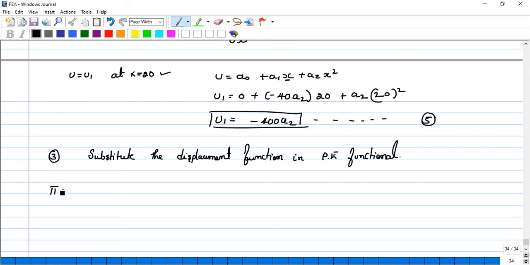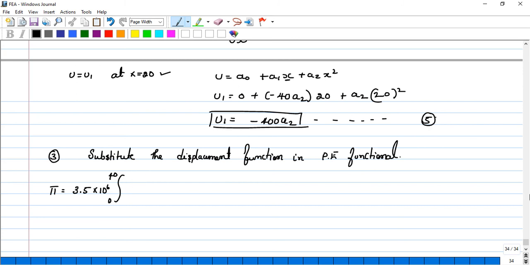After substituting, I will be getting the simplification. I will directly substitute 3.5 into 10 raised to 6, integration with limits 0 to 40, the total length.